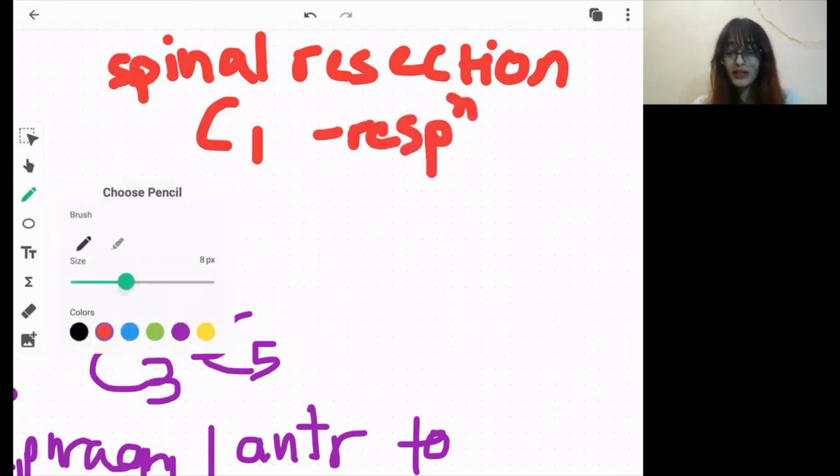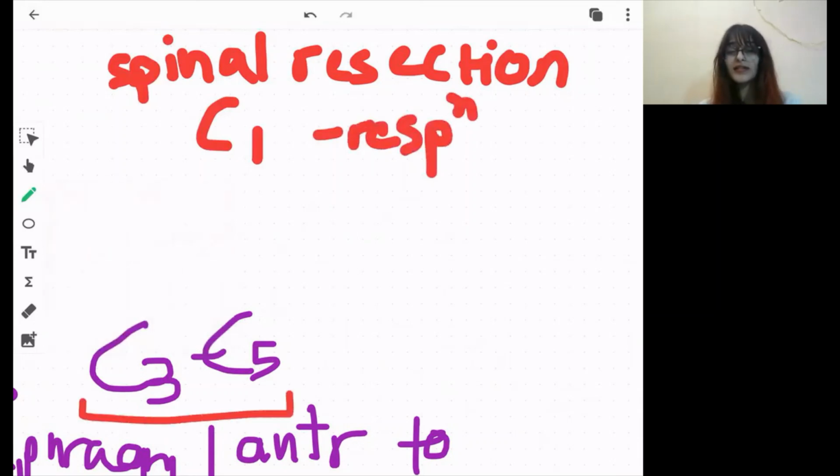So you know that the phrenic nerve is C3 to C5, and if there is resection of the spinal cord above where the phrenic nerve is given, the respiration will stop. Why? Because the diaphragm cannot contract, and the diaphragm is the main muscle for inspiration, if you remember. So if there's spinal cord dissection at C1, the respiration will stop.